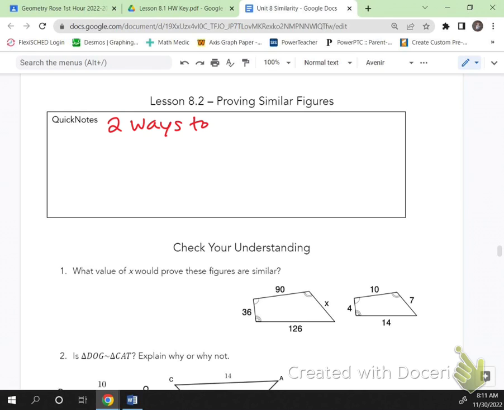2 ways to prove similarity. The first way is to prove that there is a series of similarity transformations.